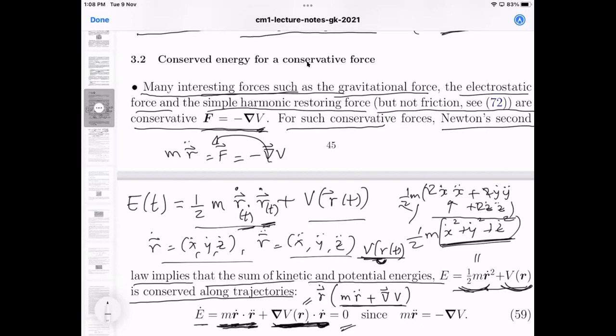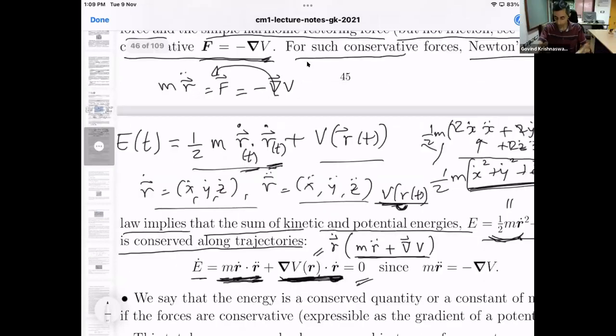Yes. I think I missed something. I didn't quite catch exactly where we used the assumption that we're working with a trajectory when we showed that. What is a trajectory, first of all? A trajectory is a curve that satisfies Newton's equation of motion. Right. So in deriving this conclusion, we have definitely made use of Newton's equation of motion. In computing E dot, we see r of t defines a curve.